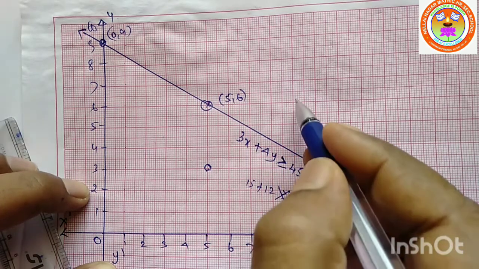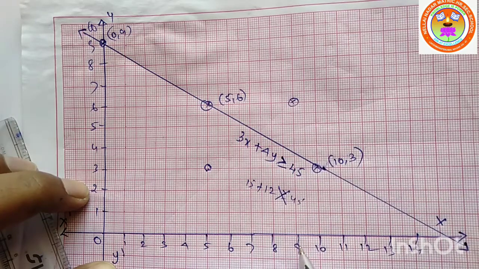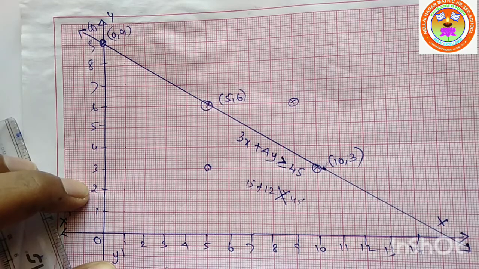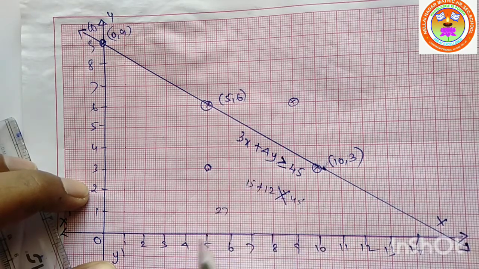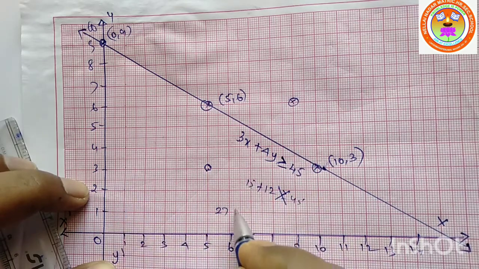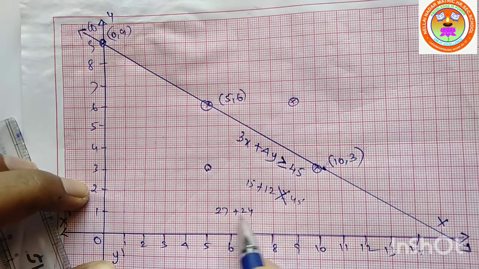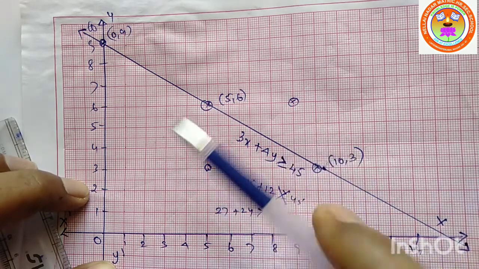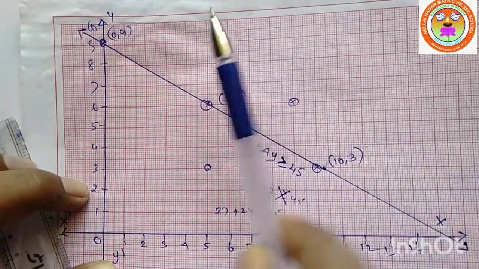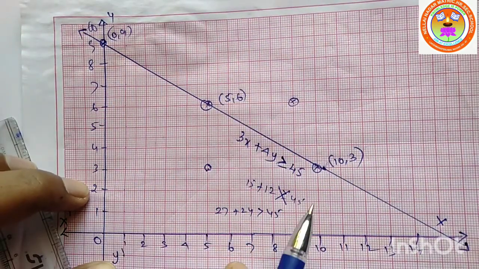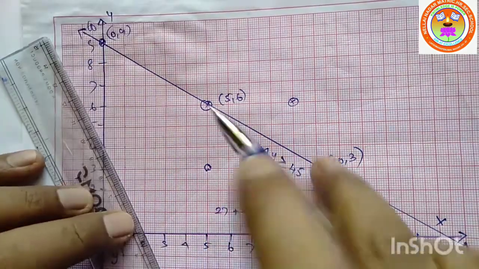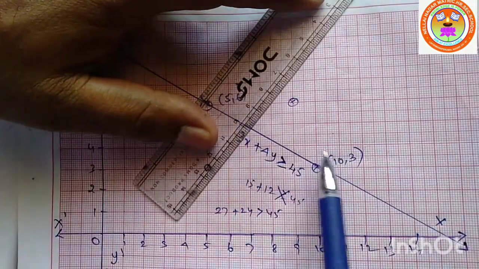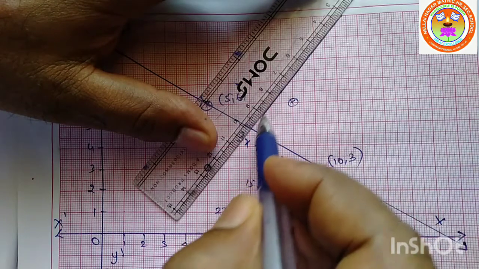If we take some values on the right side of the straight line, for example, x value 9 and y value 6, 9 3s are 27, 4 6s are 24. So we are getting 51. So 51 is greater than 45. So only the right side values are satisfy the inequality. That means we have to shade only the right side of the straight line, or the upper part. So we can shade the upper part of the straight line. Okay?